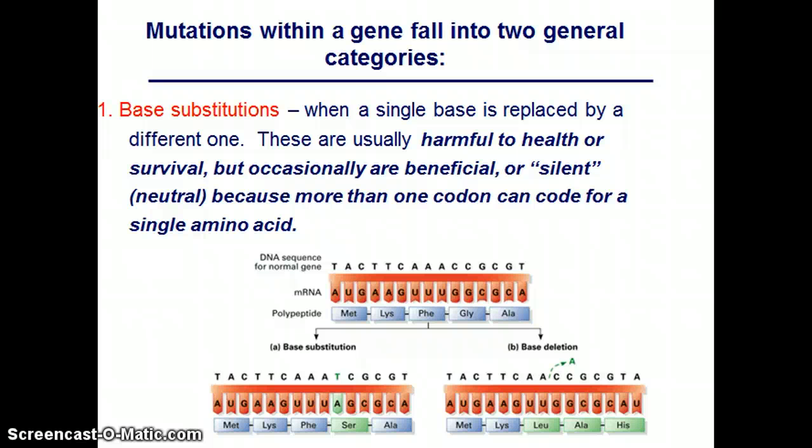So if you look in our diagram, we have our DNA sequence, mRNA, our polypeptide. If we have one substitution, and they have it highlighted here in green, at the top I think it's a C, and down here it gets changed to a T. That switches out one amino acid, but the rest behind it is all going to be the same. So it's a small change.